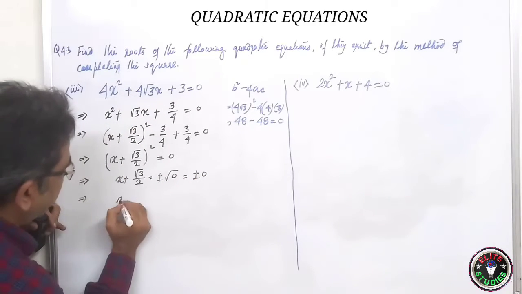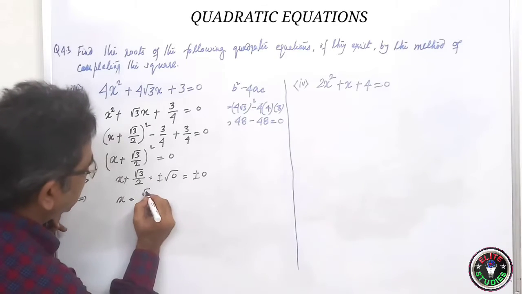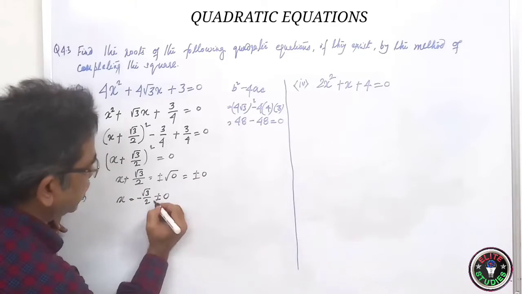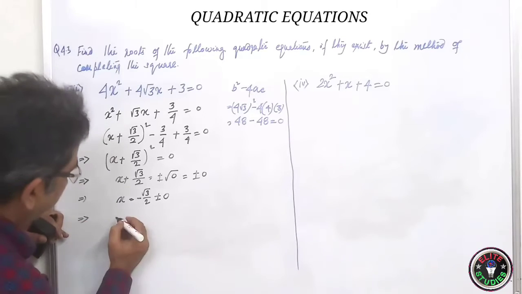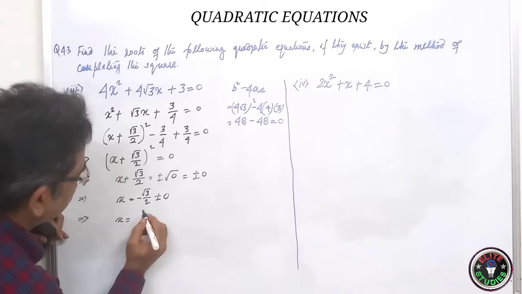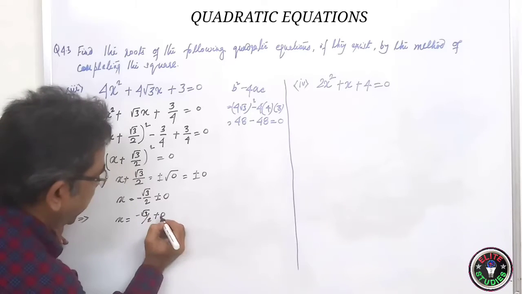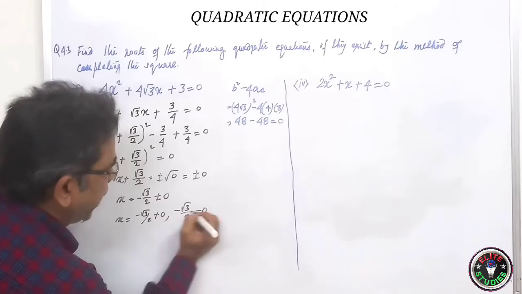So it will be x is equal to, bring it that side, minus root 3 by 2 plus minus 0. So what it will give you? It will give you x is equal to minus root 3 by 2 plus 0 and minus root 3 by 2 minus 0.